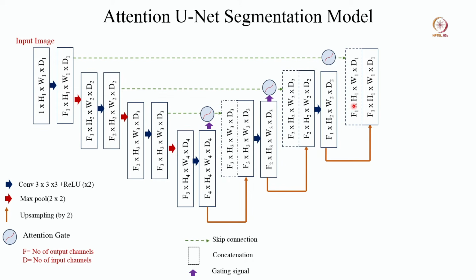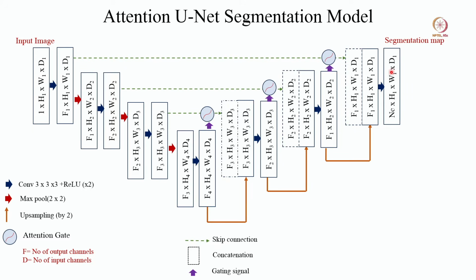The concatenation is happening because of the portion that is coming from the encoder layer with the attention gate in between, and here also there is a gating signal which is coming from the decoder. Then there is another layer, another 2 convolutions plus ReLU, and this is basically the segmentation map, which has the number of output features NC, that is the number of classes in the segmentation map, and then H1 W1 D1.